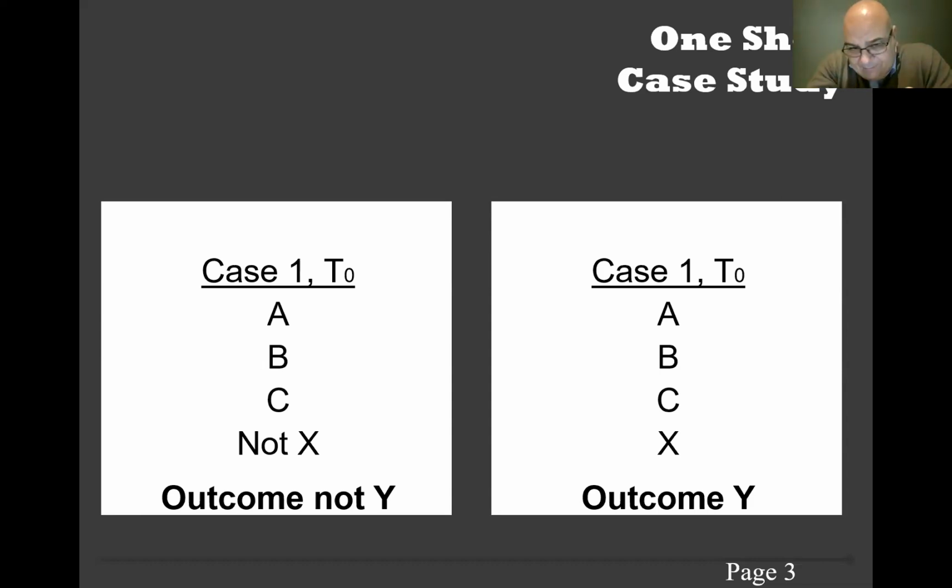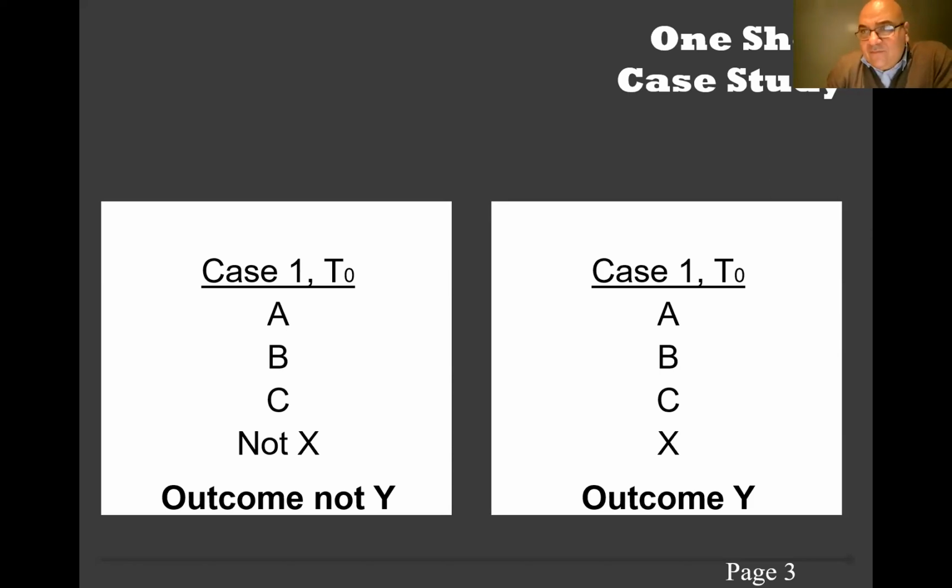If you compare case 1 at T0 and T1, if you observe that one of these variables changed, for example, A became A1, and all others remained the same, you can say that, okay, considering this time effect, A is the cause because the others remain constant.